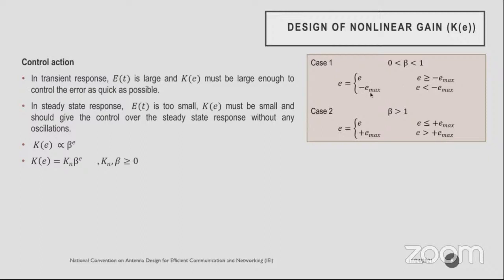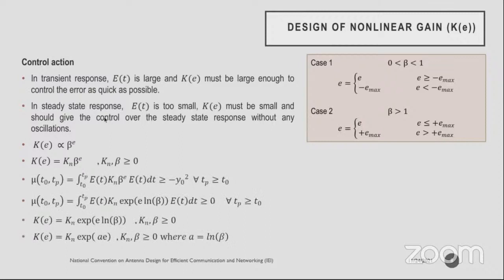We can strictly limit it with this Emax, which is user defined and can be applied according to the application. When beta is greater than 1, when we take the right portion, if the error is less than or equal to plus Emax, we take the error as it is. But if it is greater than plus Emax, we restrict the limit to Emax.